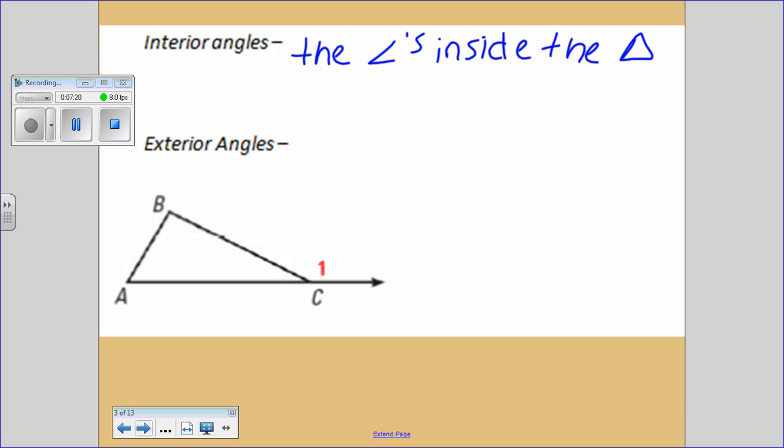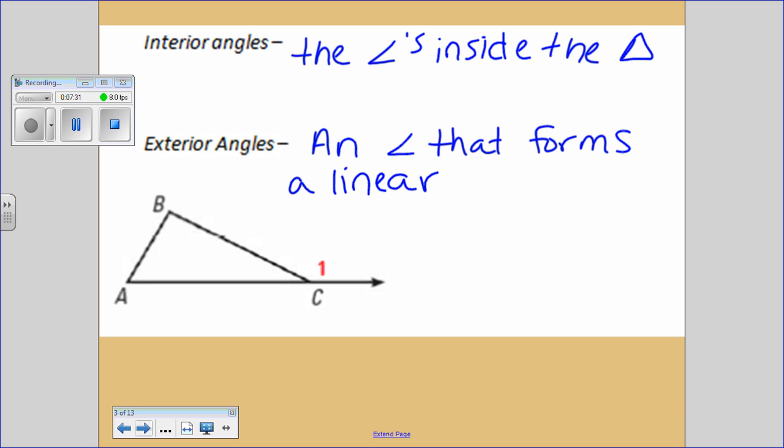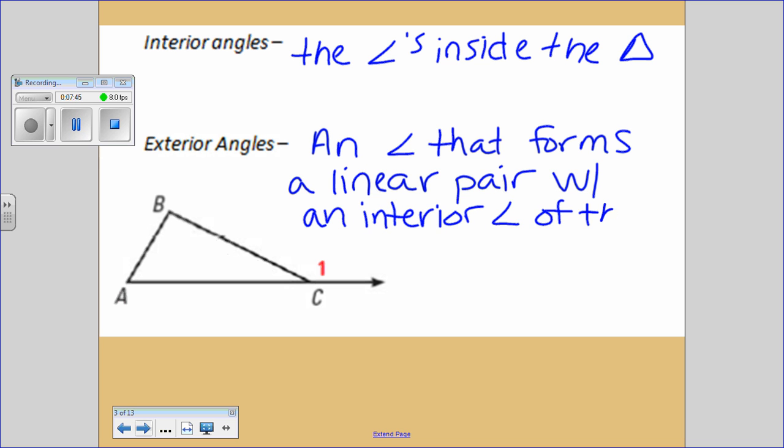An exterior angle is an angle that forms a linear pair with an interior angle of the triangle.